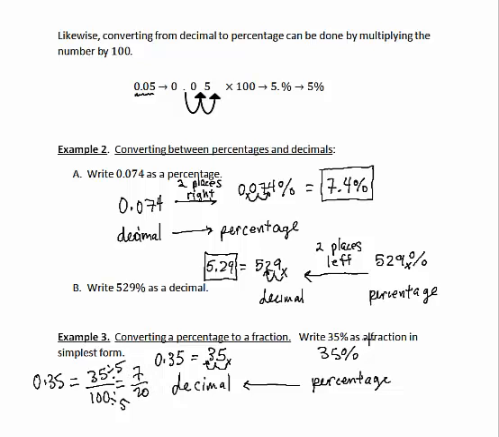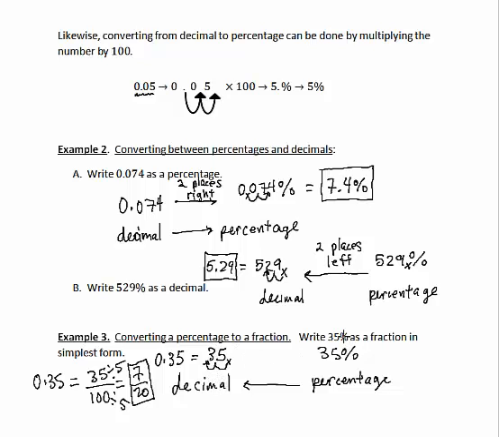And that's what the instructions told us to do. Write 35% as a fraction in simplest form. And so we need to end up with a fraction that does not have a common divisor between the numerator and denominator. And this fraction is the one we were looking for.